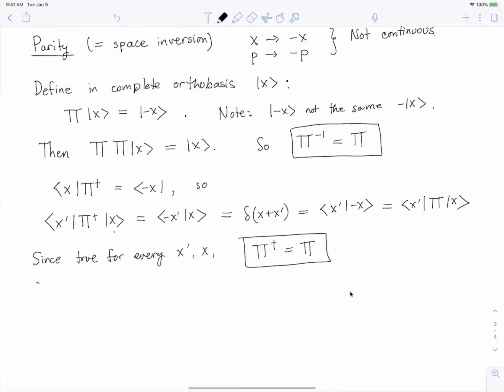Okay, and so the parity operator is both Hermitian and unitary.